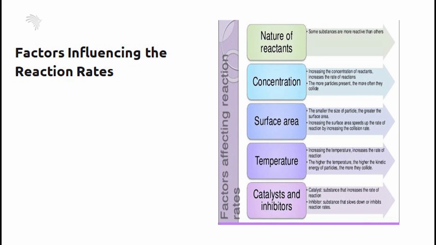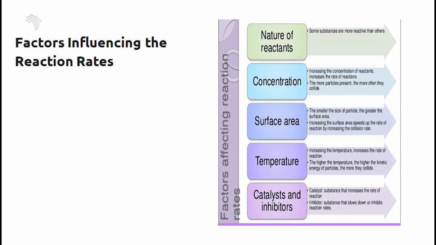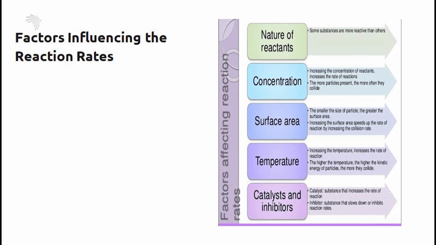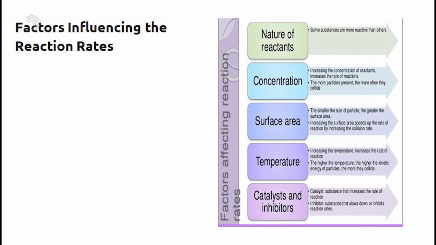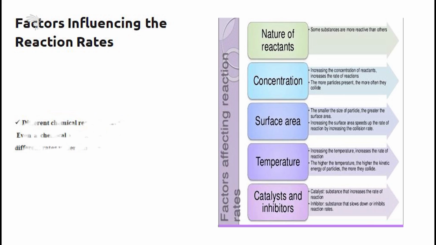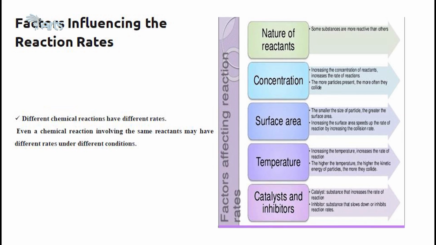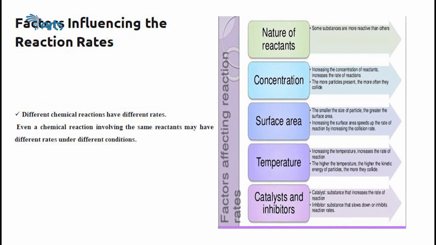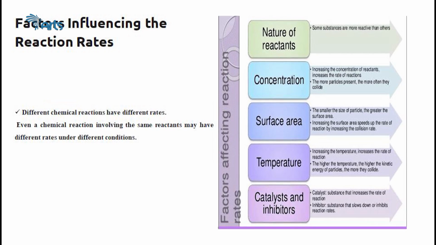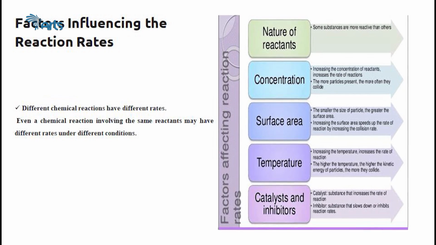Well, in chemistry, there are some 4 or 5 important factors, and these factors do have a direct influence on any chemical reaction. Different chemical reactions have different rates. Even a chemical reaction involving the same reactants may have different rates under different conditions.